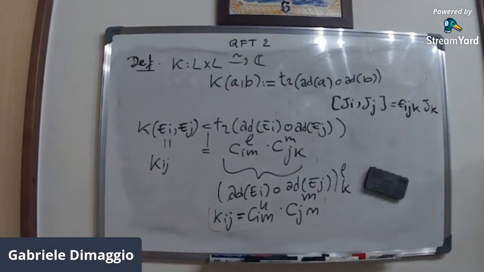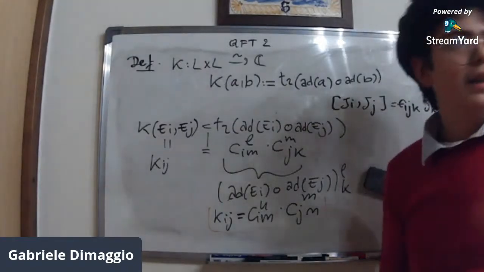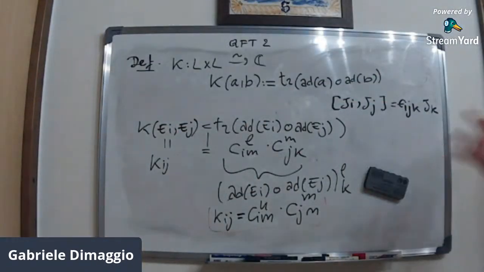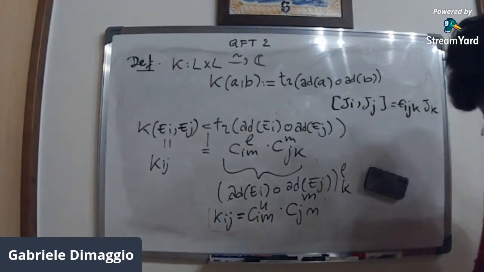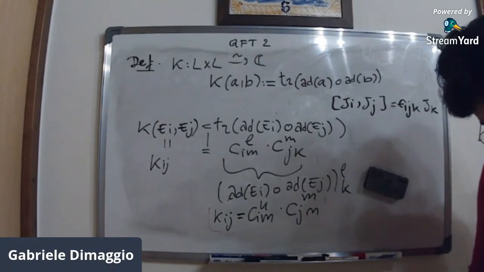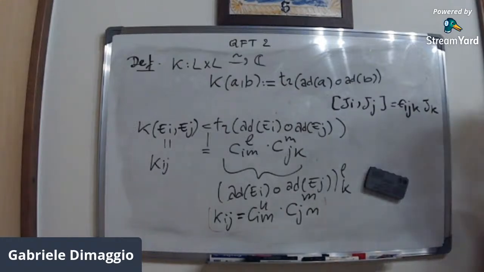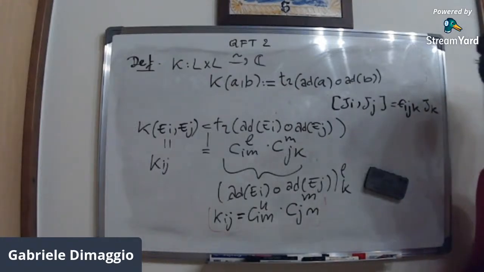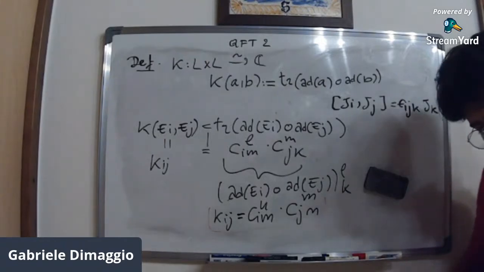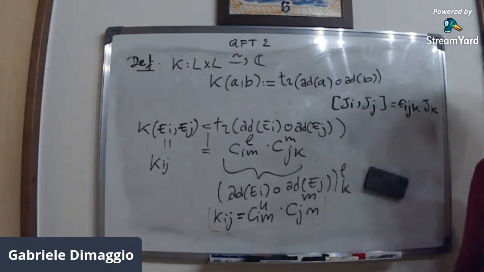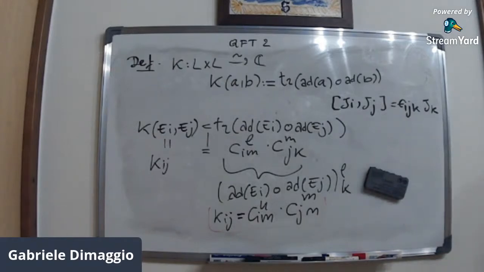Then I have the definition of a Cartan subalgebra H. What is a Cartan subalgebra H? I must take a Lie algebra L. H, of course, is a vector subspace, and it's the maximal subalgebra of L, such that there exists a basis H_1 until H_m of H that can be extended to a particular basis.